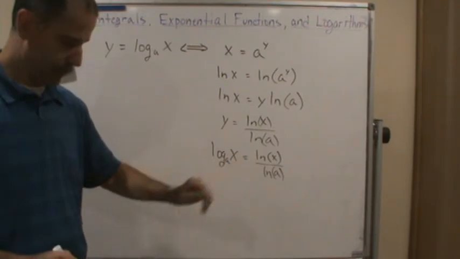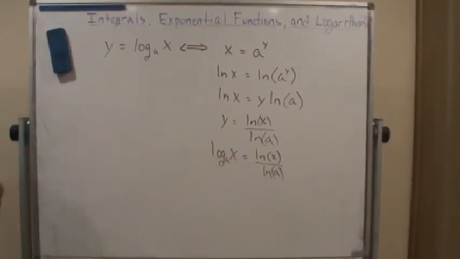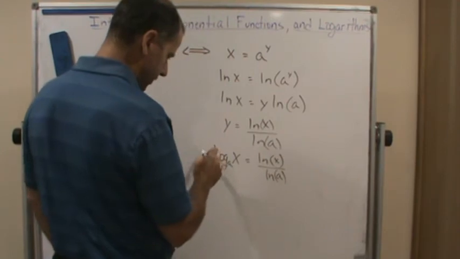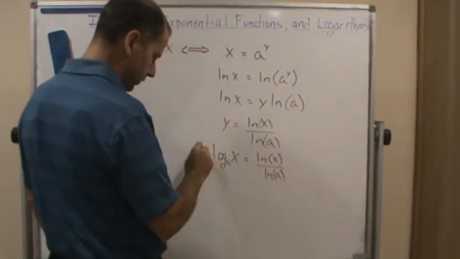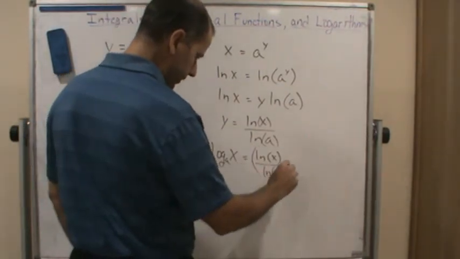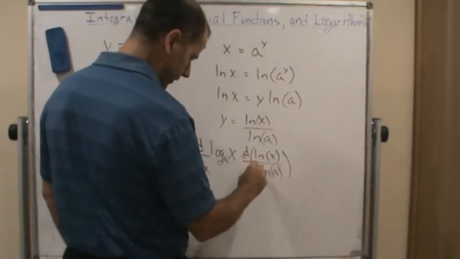If we differentiate this, let's just leave this here where it is. If I want to find the differentiation in the general case, I can take the differentiation of this side.